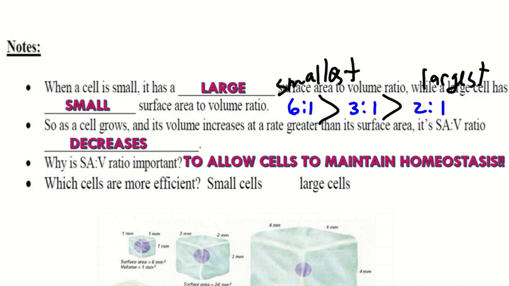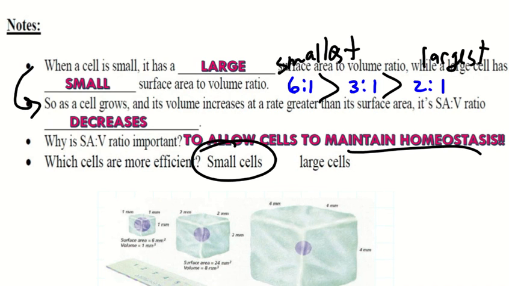Because remember, as you increase the surface area, the volume increases faster. That's what we show right there. So we want to maintain homeostasis. Small cells are a lot more efficient. If this was Goldilocks and the three bears, the middle one is not the best. This smallest one is the best.